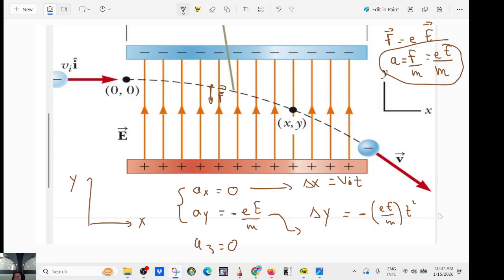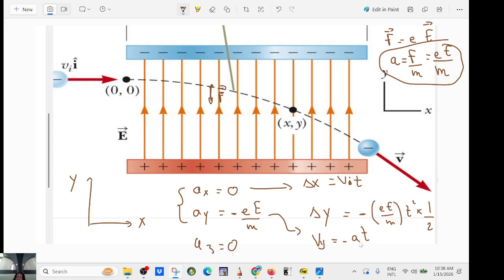Do you remember from physics 1? 1/2. 1/2 at squared. Okay, remember projectile motion, you can go back today. The velocity along the y equals the initial minus at. Agree? So it's very much like projectile motion.